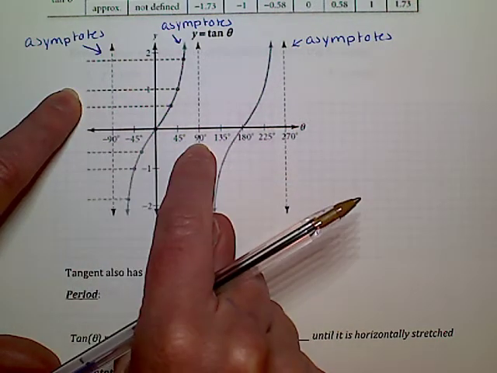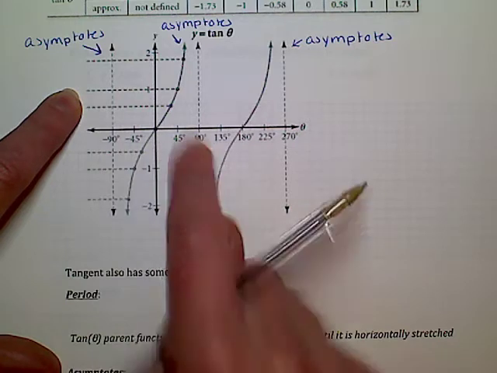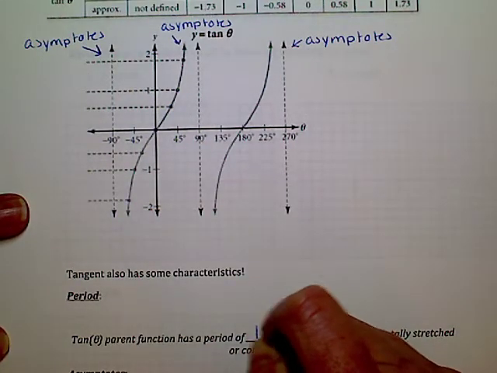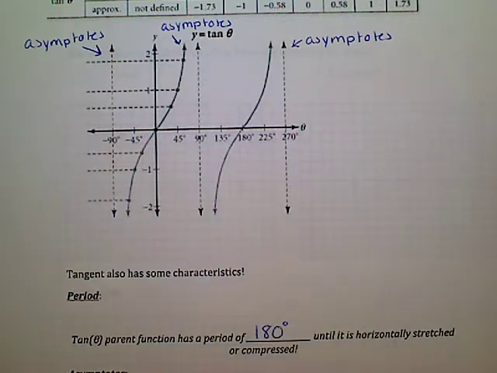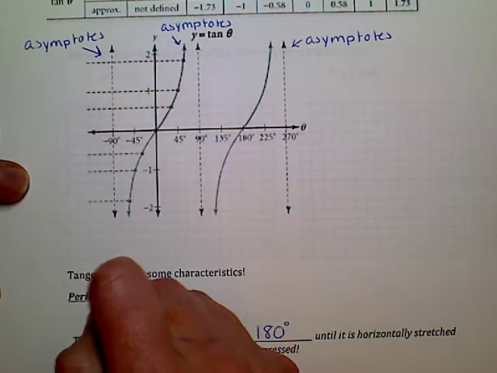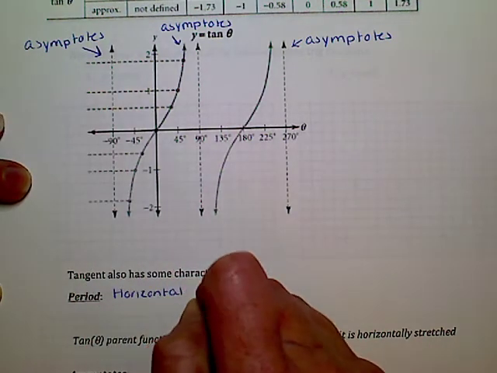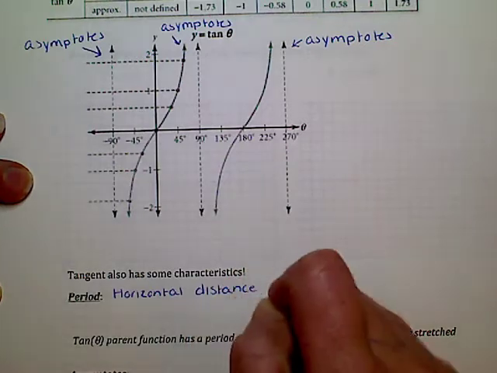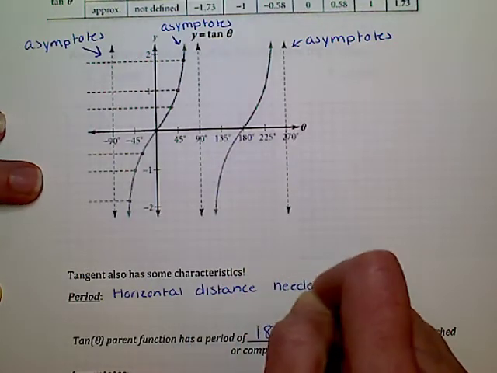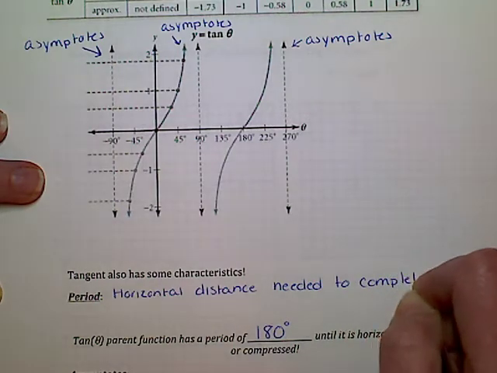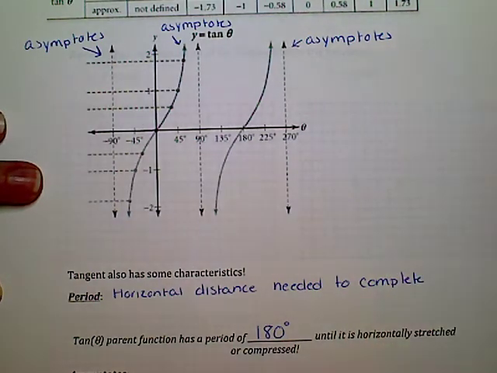That is a horizontal distance of 180. So it has a period of 180. So the idea of the period is the same. It's the horizontal distance needed to complete a cycle. It's just that, like I said before, tangent's got to be weird.